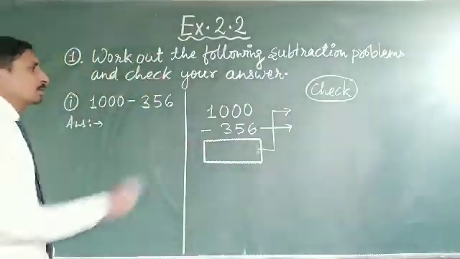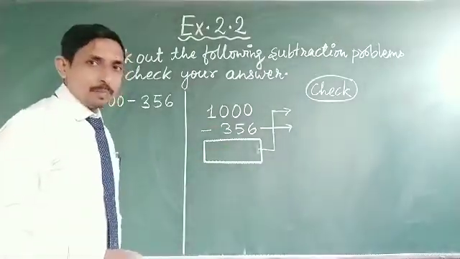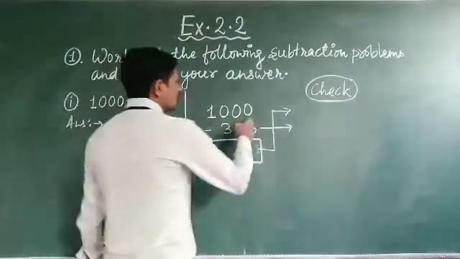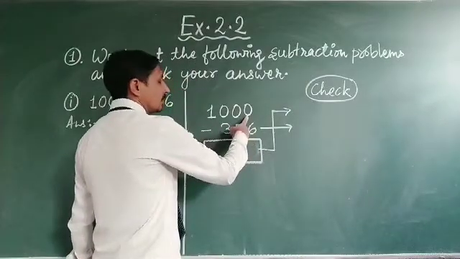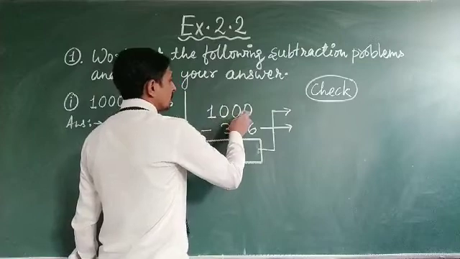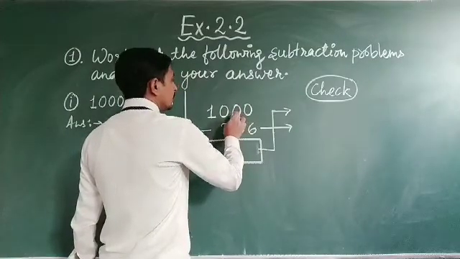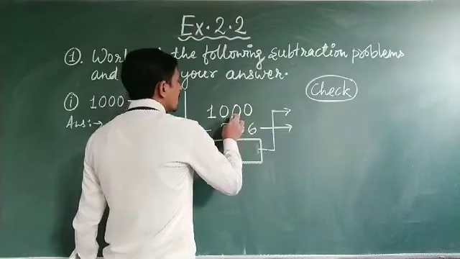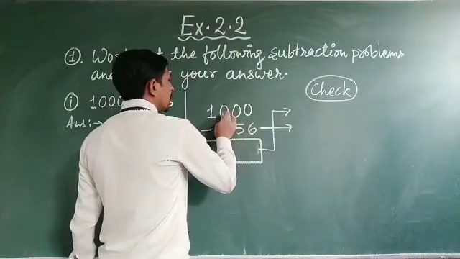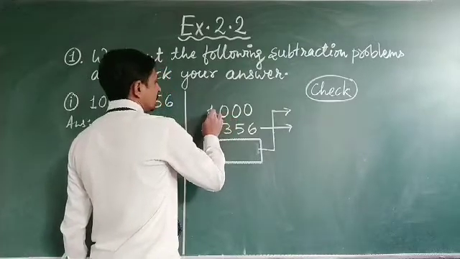First we start subtracting from the ones place. Here you see 6 cannot be subtracted from 0, so we have to borrow 1 from the digit immediately to its left, and it is also 0, and the immediate left of that digit is also 0, and the immediate left of that digit is 1.